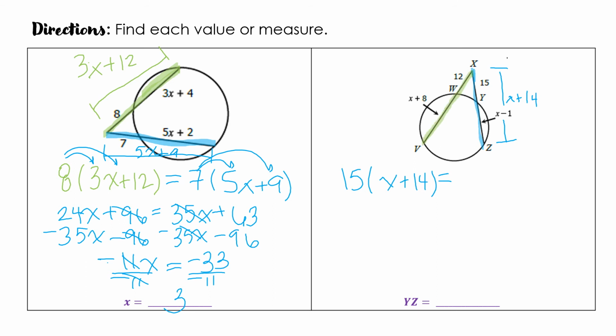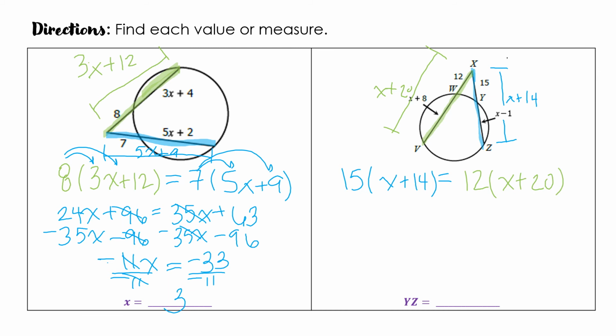All right, XV. The outside length of XV would be XW, which is 12. And the whole length, if I combined x plus 8 and 12 together, would be x plus 20. So I'm going to multiply 12 times x plus 20.